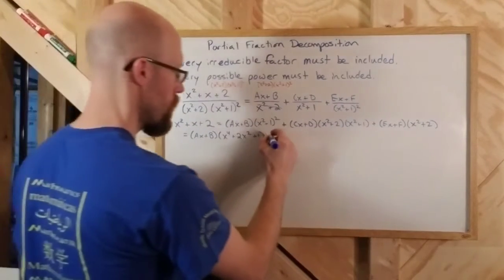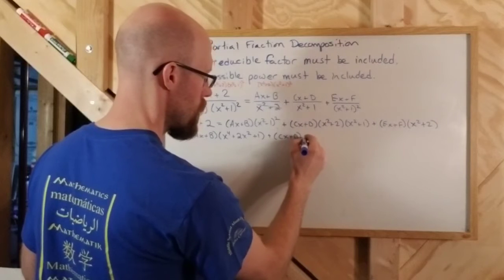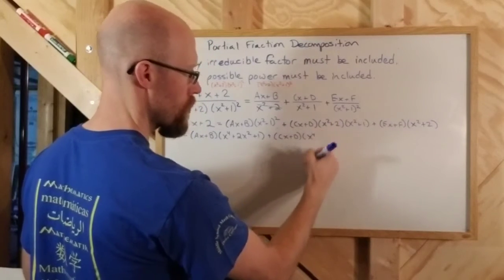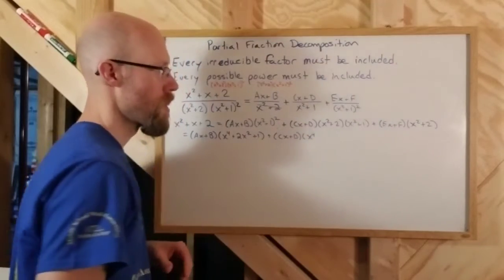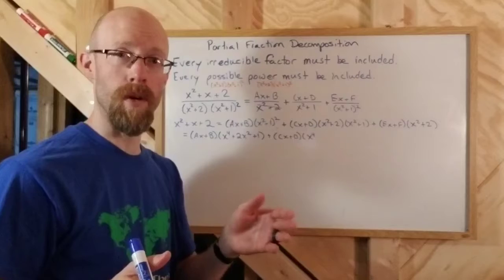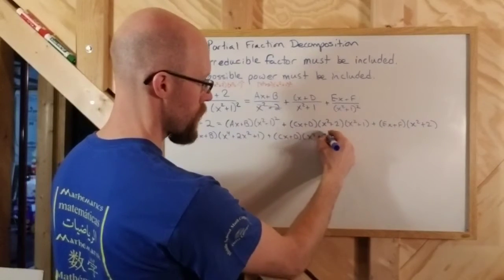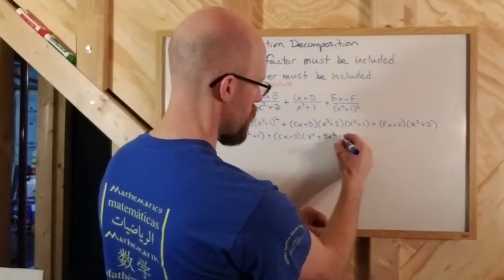Over here, I have the cx plus d times, now if I distribute this, x squared times x squared is x to the 4th. If I do x squared times 1 and 2 times x squared, that's 1x squared and 2x squared makes 3x squared. You add the constants there to make 3x squared. And then 2 times 1 is 2.